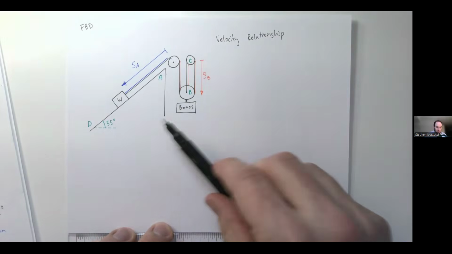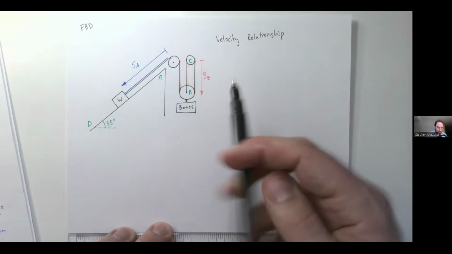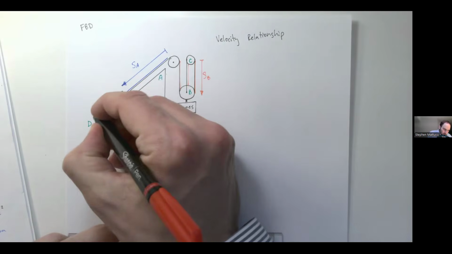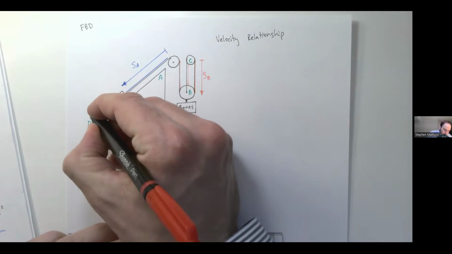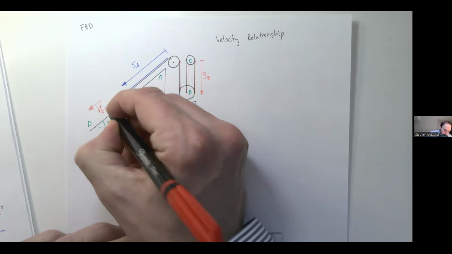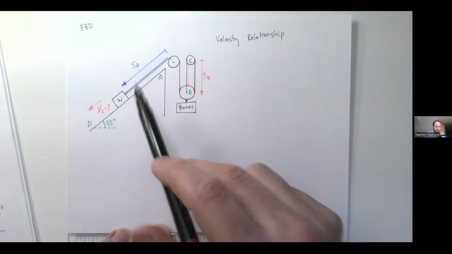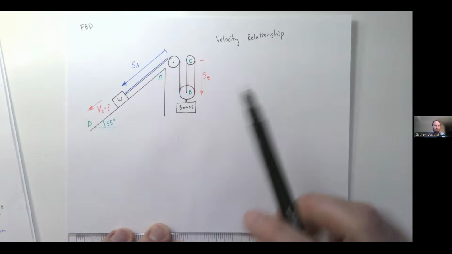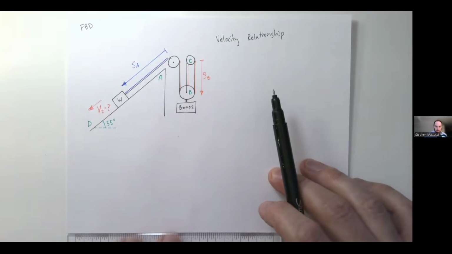Okay, so we're doing all this, and really, I probably should put this before, but what we're looking for here is V2. So what's the velocity going to be when our people get down here?